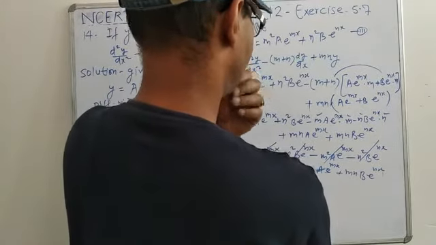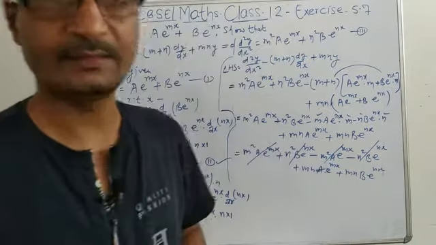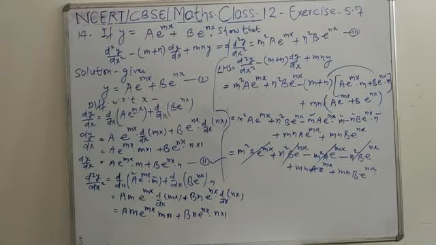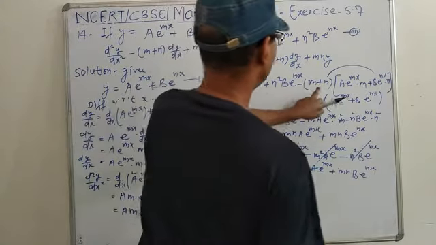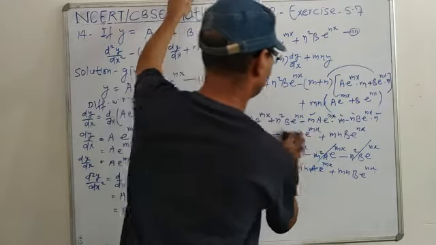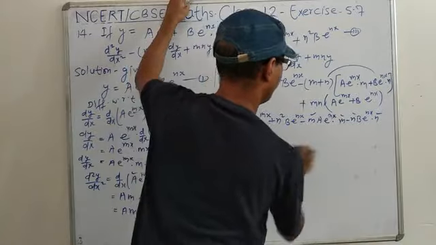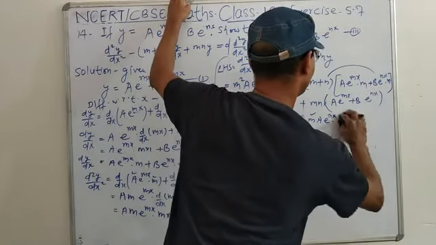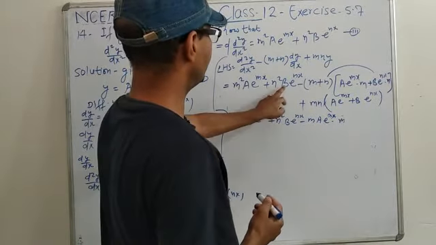Just see this calculation. Now see here, there are some mistakes. We have not multiplied here. M square a e power mx plus n square b e power nx is right. What is missing here?